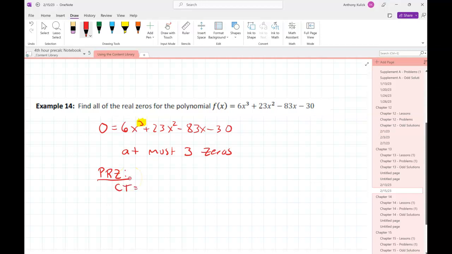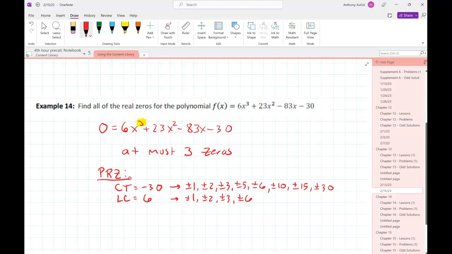My constant term here is negative 30. My leading coefficient here is 6. My factors of 30 are 1, 2, 3, 5, 6, 10, 15, and 30. Oh, yuck. My factors of 6 are 1, 2, 3, and 6.